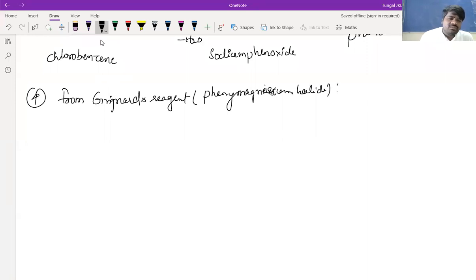Suppose I take bromobenzene and treat it with magnesium in presence of ether.